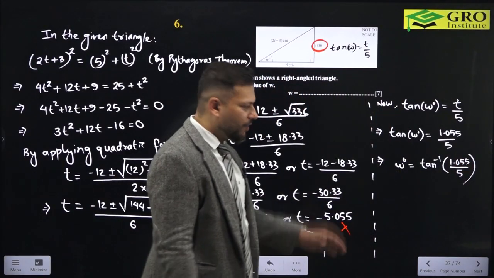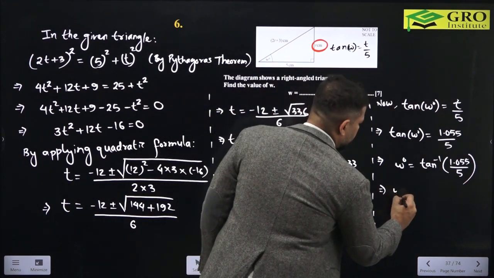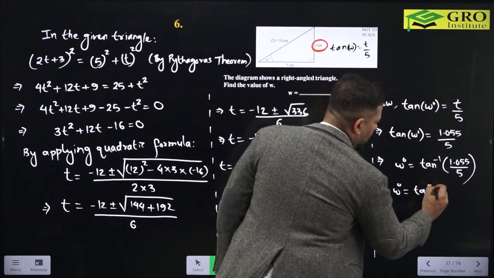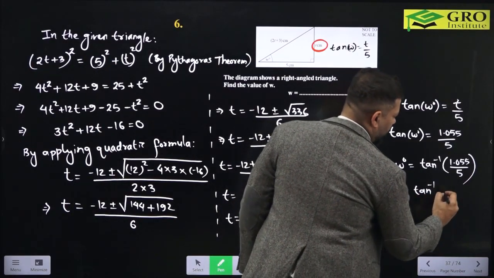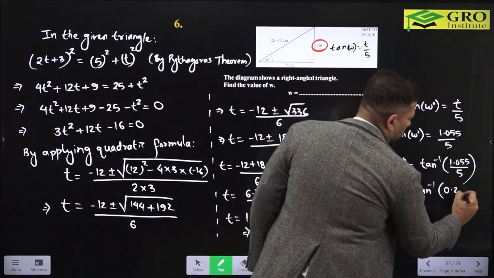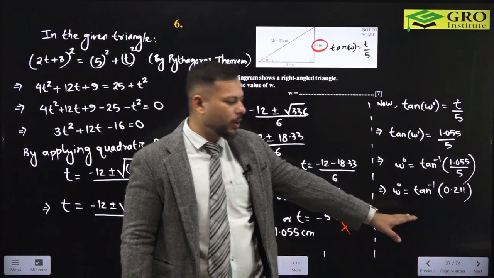If I even further solve it, this 1.055 divided by 5 will give us 0.211. So we need to find out the tan inverse of 0.211.